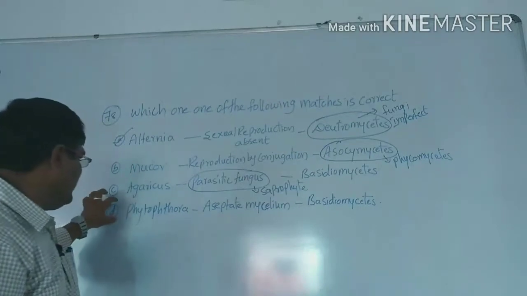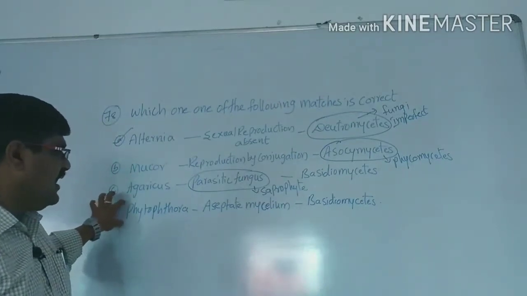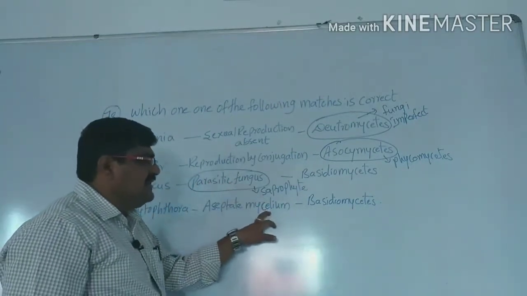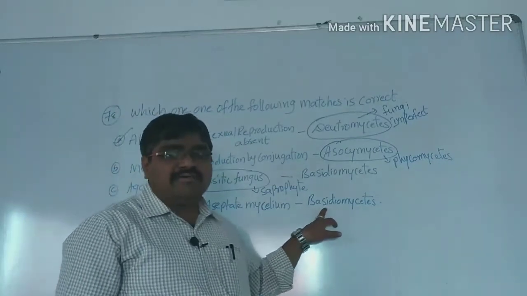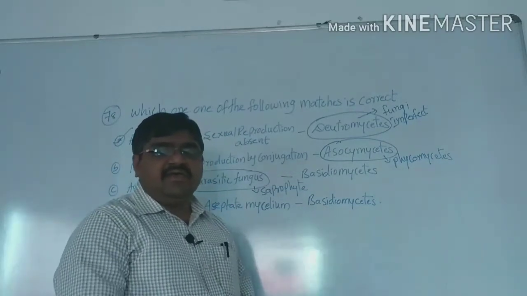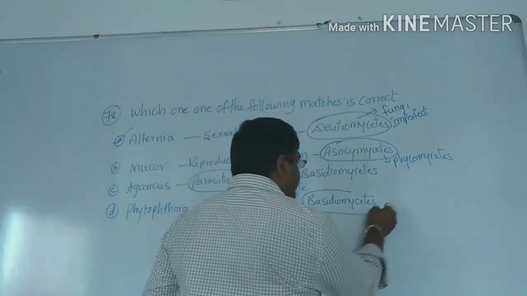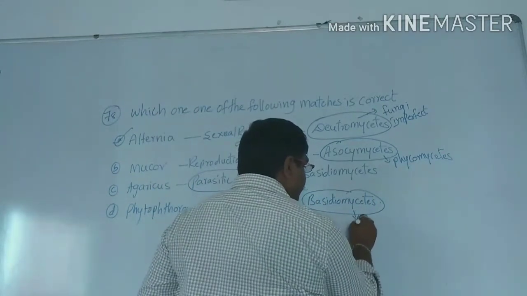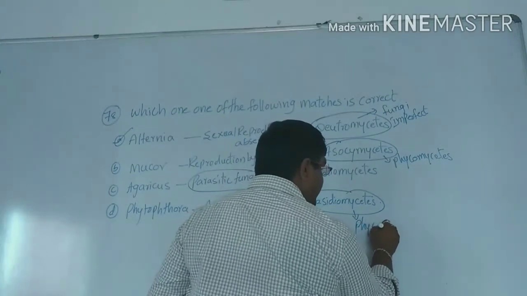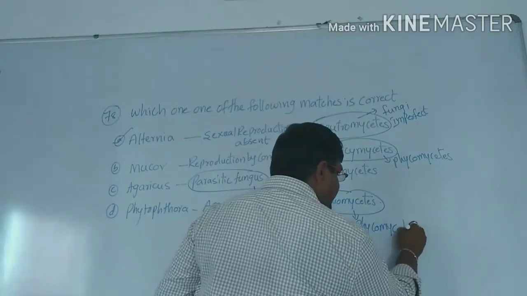Next, the last option, that is Phytophthora, aseptate mycelium and Basidiomycetes. Here it should not be Basidiomycetes; it should be Phycomycetes. Why?